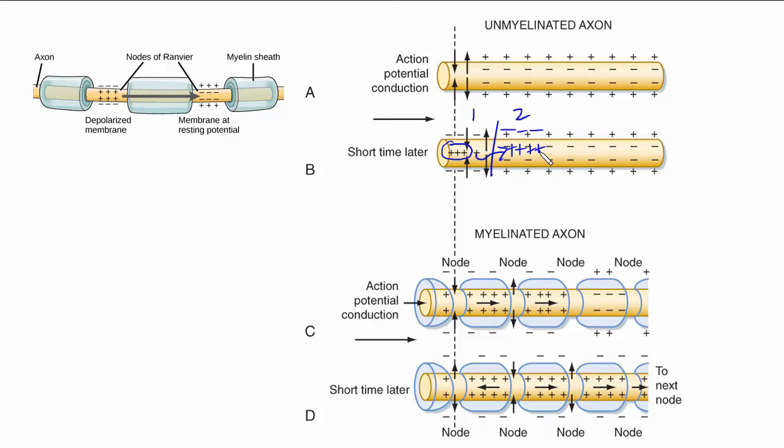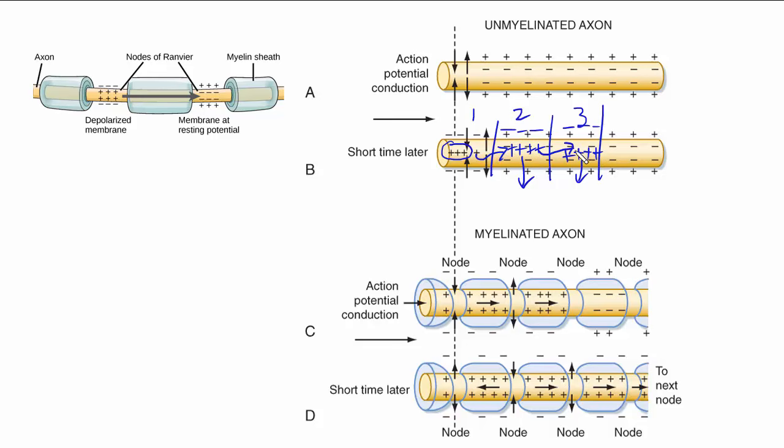This positive charge will then move to the next region, which is at rest, depolarizing it to threshold, positive inside, negative outside, and now an action potential occurs here. Of course, a fraction of a second later, the positive charge exits through voltage-gated potassium channels, right? And the same thing will happen here, and it'll go back to rest.